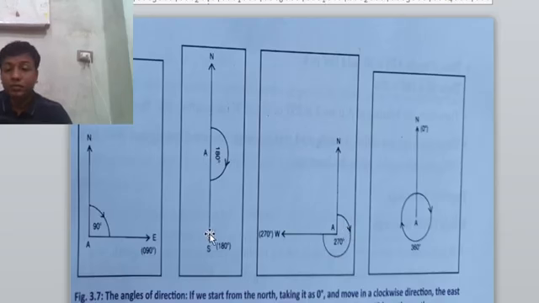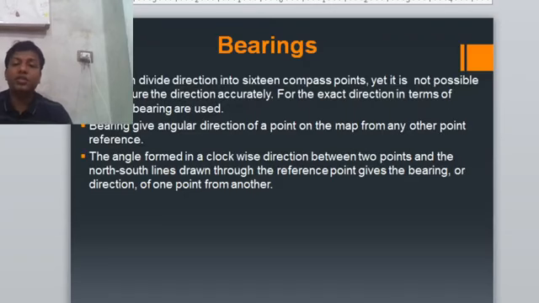Without degrees, we can't find the exact direction of any place. So bearing is also a very useful thing to draw a topographical map and find the directions on a topographical map. Bearing gives angular direction of a point on a map from any point of reference.